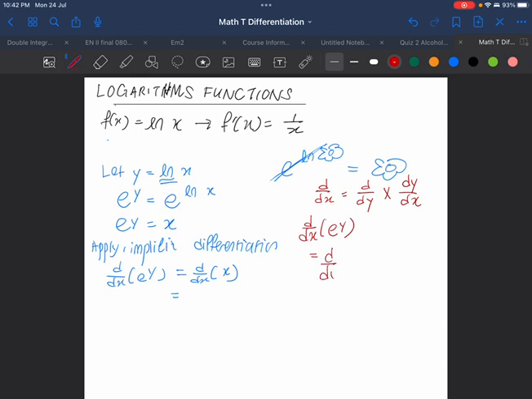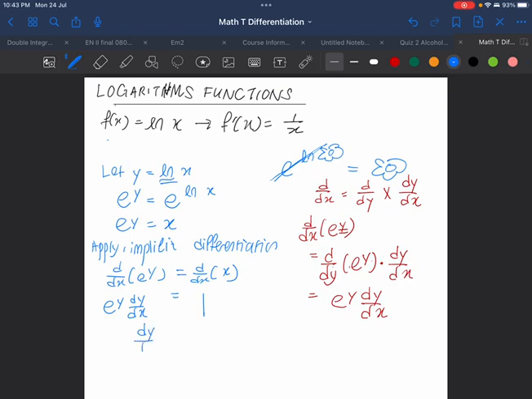I want to change the term to y, since there is a y variable here, so I change dx to dy and differentiate e to the y, then multiply back with dy/dx. Differentiating e to the y, we actually get back the same thing, so we get e to the y dy/dx equals 1, since d/dx of x equals 1.